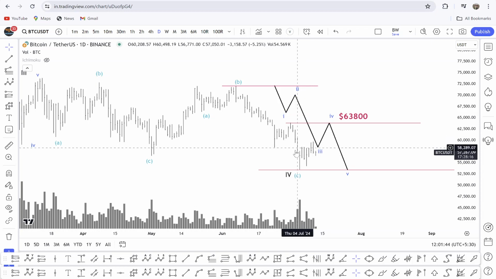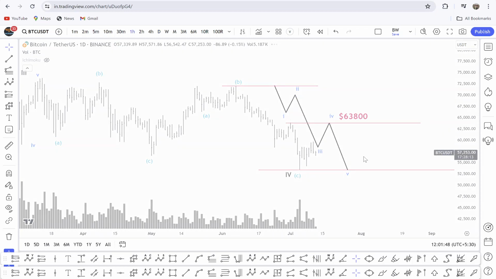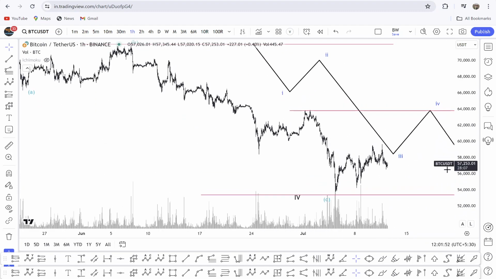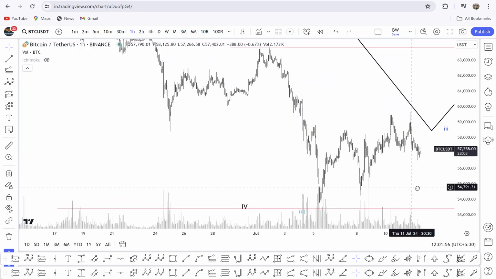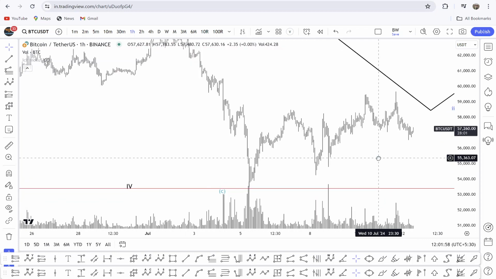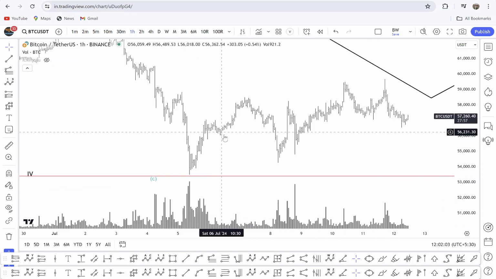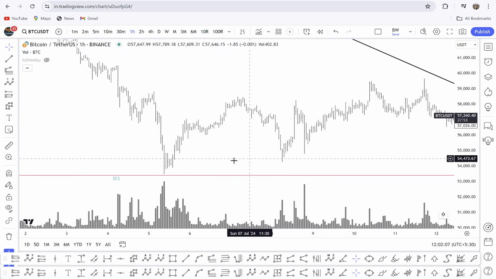So let's analyze these waves. 1 hour time frame. You can set the 1 hour time frame. Can you see? Yes, I can count the 5 waves inside this wave. Can you watch this wave?